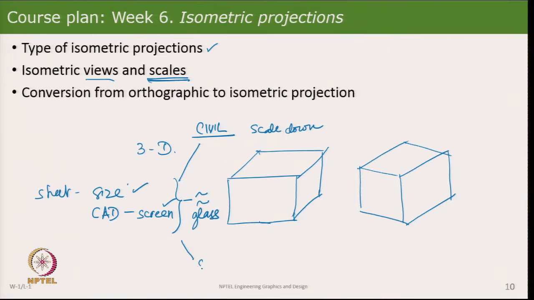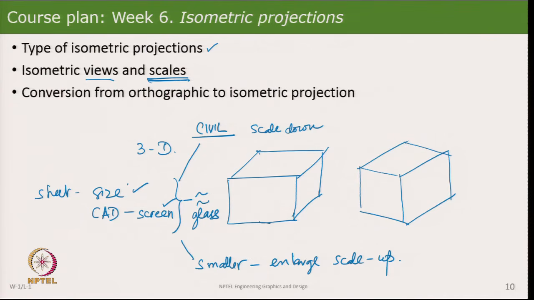And then there could be objects which are much smaller. If you see your cell phone, there will be very small screws in it. If you have to make it exactly the way it looks, you may not be able to see its features. So, then you have to enlarge it, and this is what we call scale up.